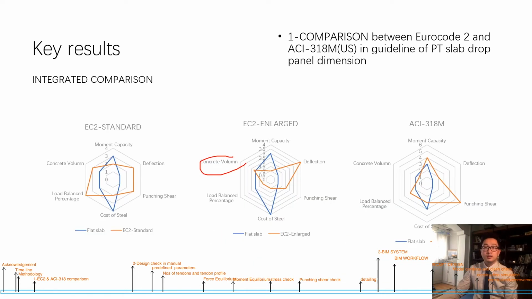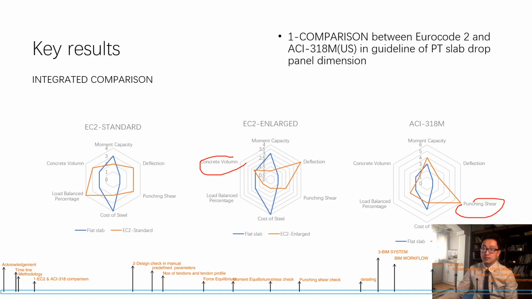From these three figures, all three models have their own outstanding aspects. Especially the ACI 318 has an extraordinary ability in punching shear resistance, and compared with the other two groups, it is basically better than the flat slab in every aspect except the cost of steel.